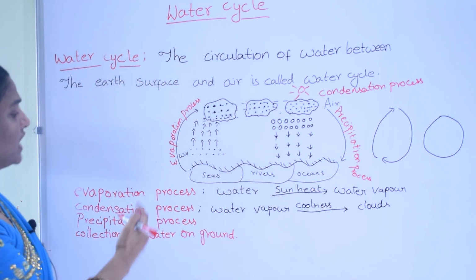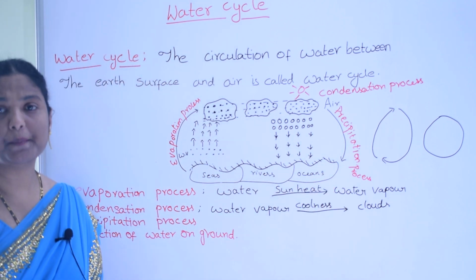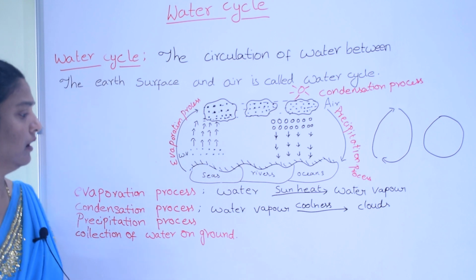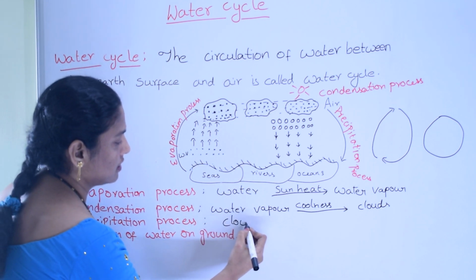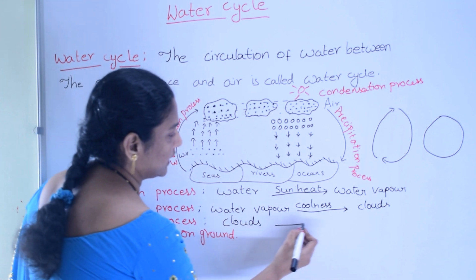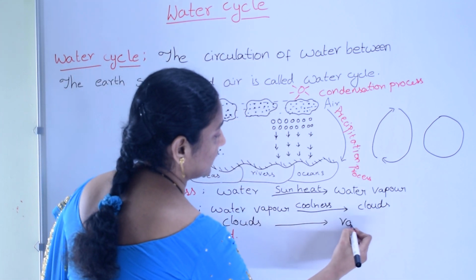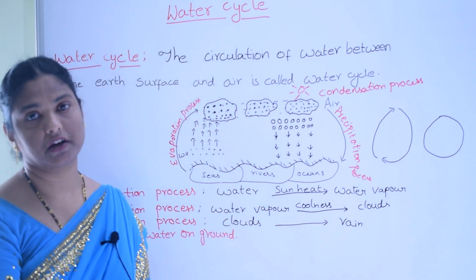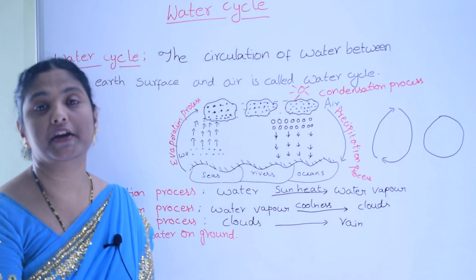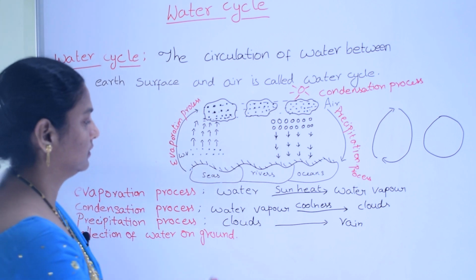So in this precipitation, what happened? Which type of conversion takes place? Here clouds convert into the form of rain. Because of why? Because of the heaviness of clouds, because of the heaviness of tiny droplets.